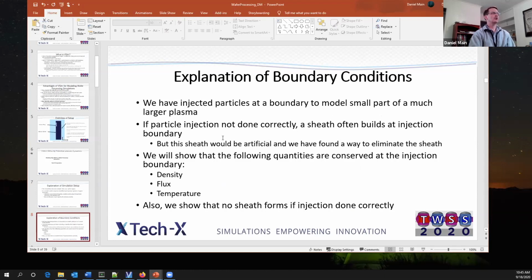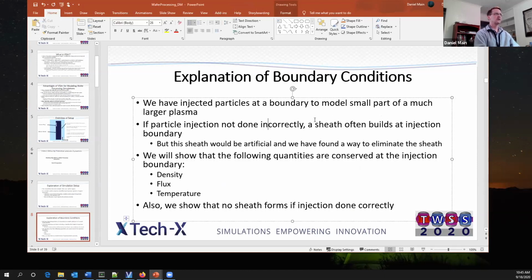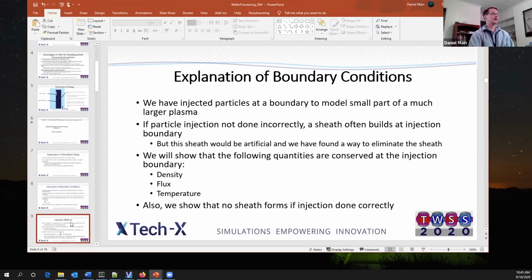If the particle injection is not done correctly, a sheath will build up, an artificial sheath, because in the real setup, there would be no sheath there. So we found a way to eliminate the sheath. In other words, we found the correct way to do this. So we'll show that density, flux, and temperature are conserved. And of course, we'll show that no sheath forms at that upper boundary.